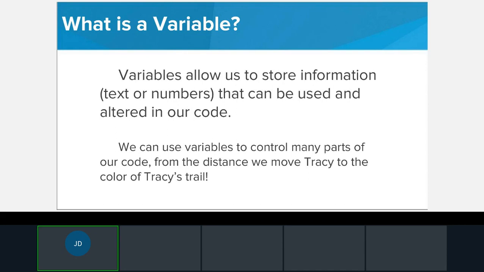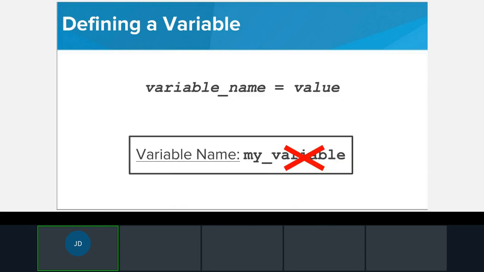There are very specific naming conventions for when we define variables, what we are able to name them. So variable underscore name. Again, keep in mind that you have to have an underscore anytime that you have a space.